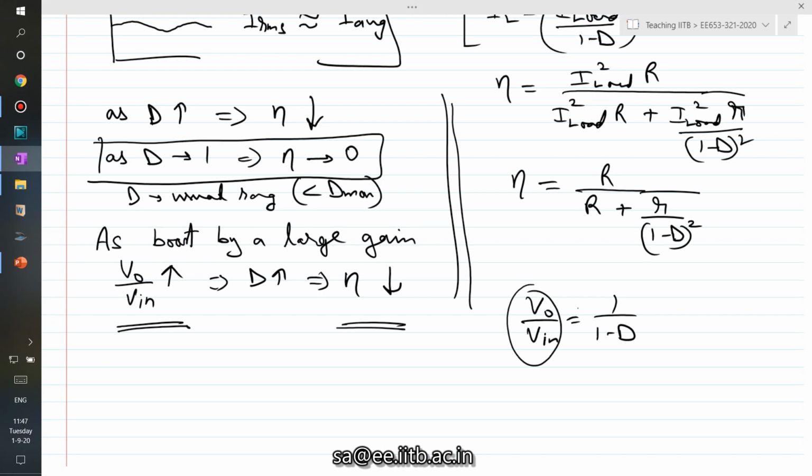Moreover, you would not prefer to boost the value by such a large extent, because the efficiency is going to get poorer as you keep on increasing the gain ratio or the output boost voltage. With this we would stop this particular discussion.